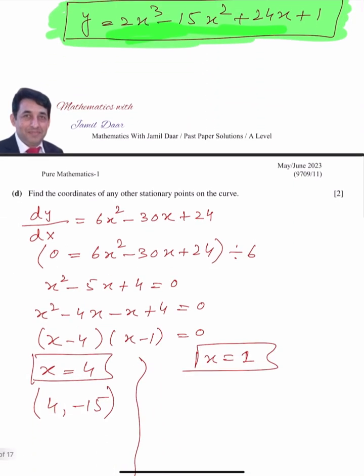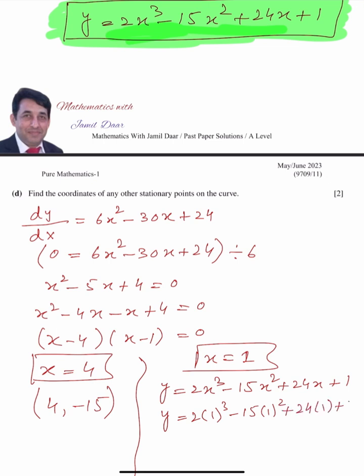So we'll write down this and substitute x is equal to 1 in that. So y is equal to 2x cube minus 15x square plus 24x plus 1. Substitute x is equal to 1. So 2 into 1 cube minus 15 into 1 square plus 24 into 1 plus 1.